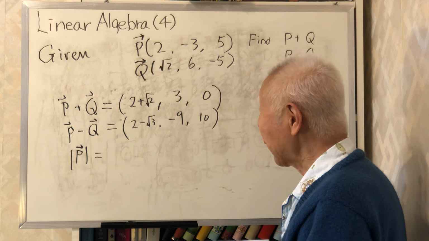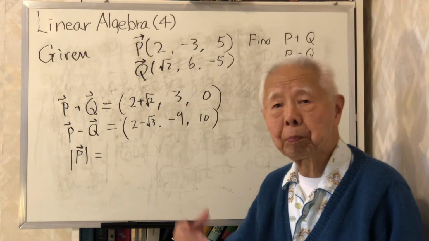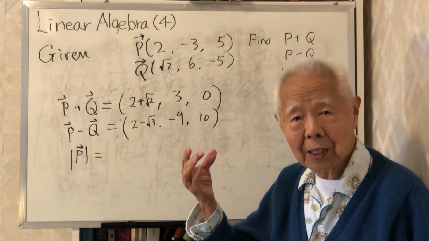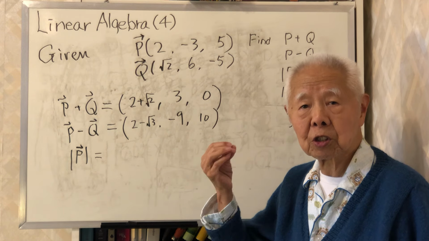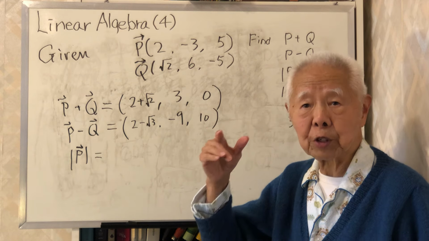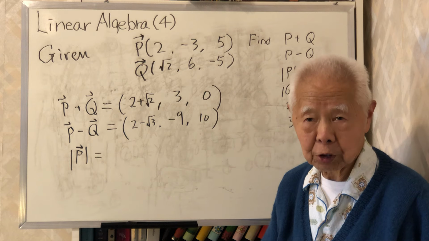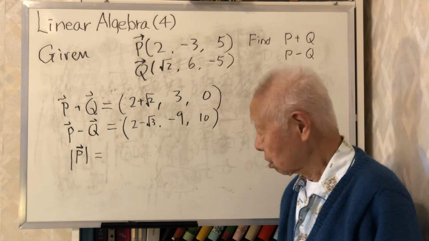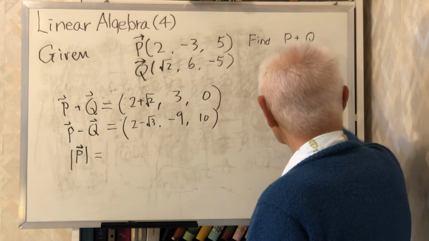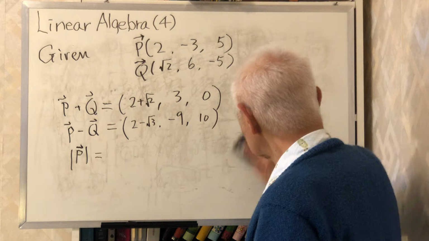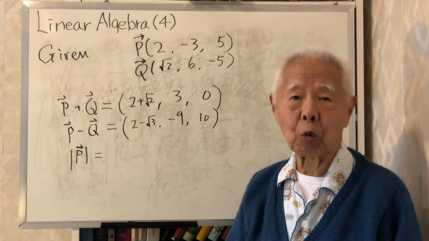So how do you find the magnitude of the vector? You square all the components and sum them. The sum of the squares of the three components, you add them up, and then take the square root. So that's the magnitude or absolute value. You understand that well, right?